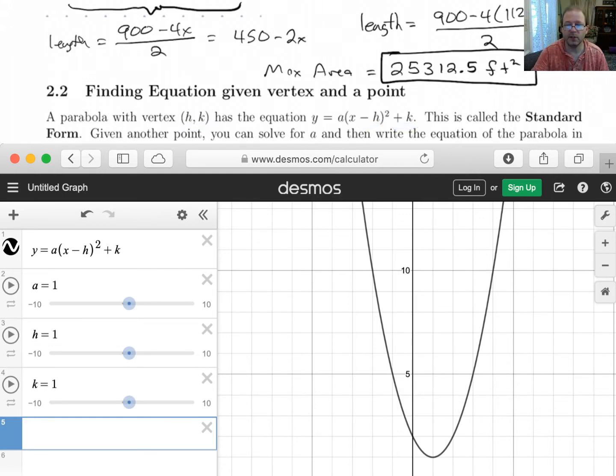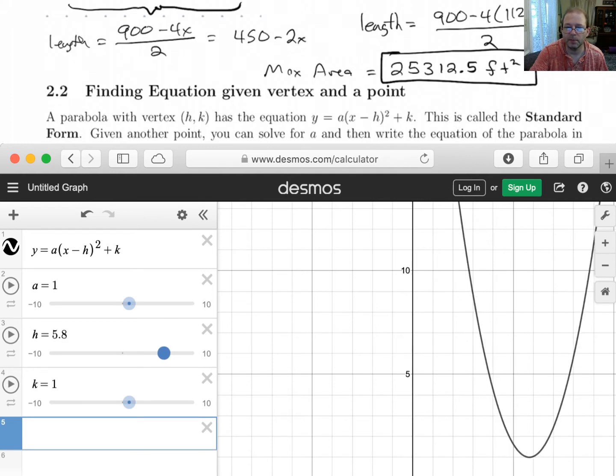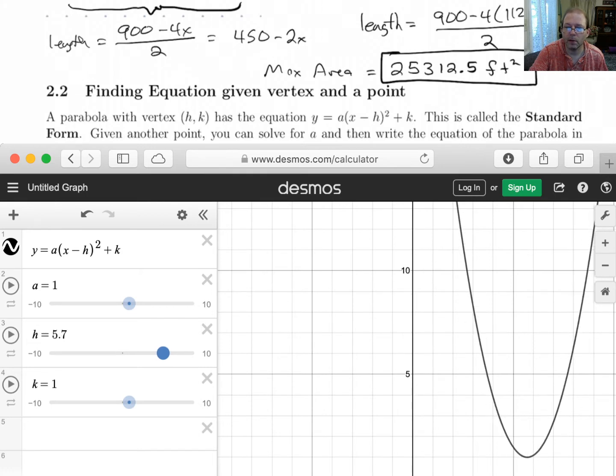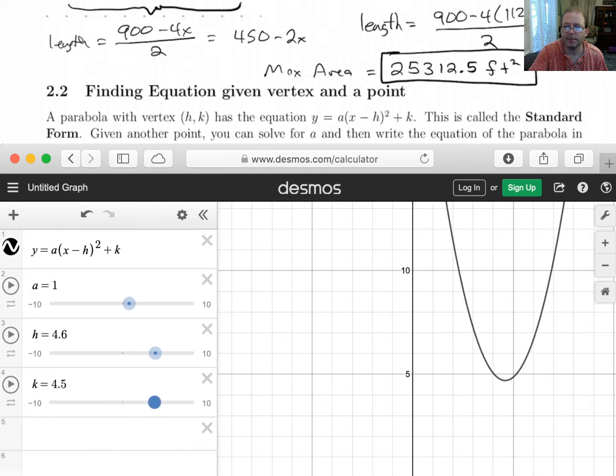So in this example that I've got graphed right now, both of them are shifted over 1. With x minus h, subtracting that, when h is positive, shifts it to the right. And k shifts things up and down.